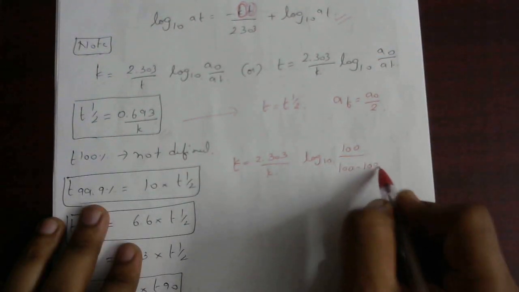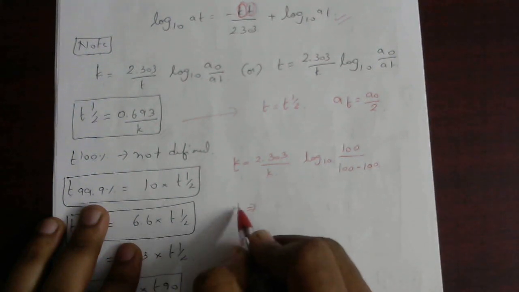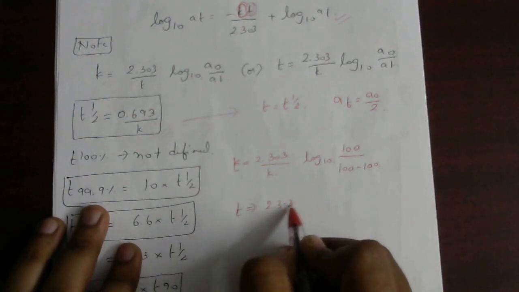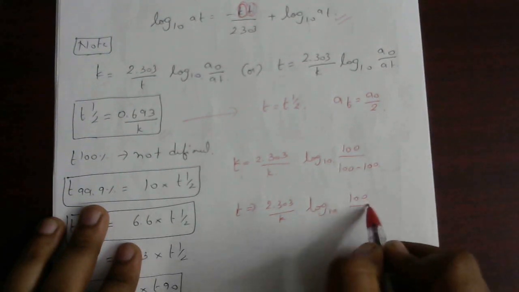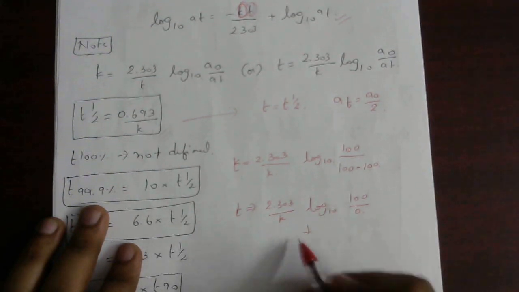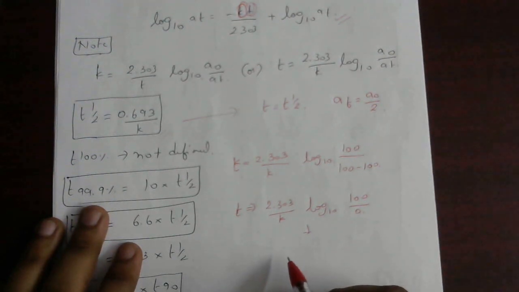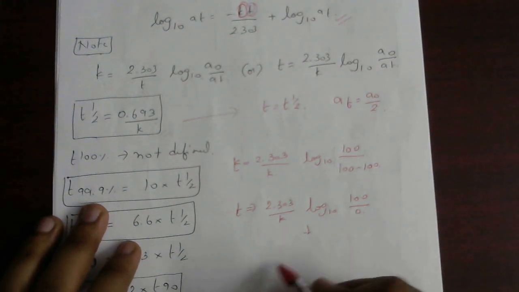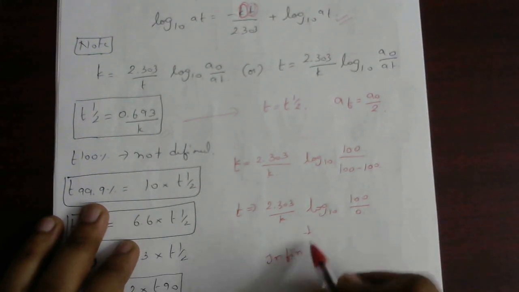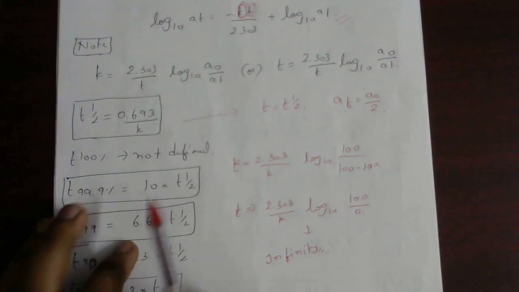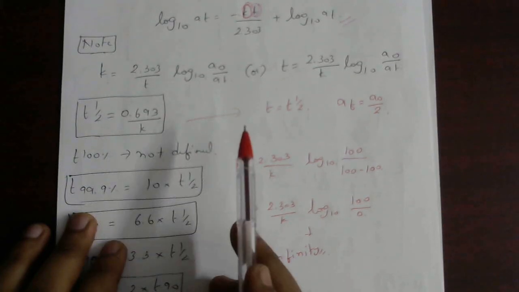So 100 minus 100, you will be getting 0. So 2.303 divided by t log to the base 10, 100 divided by 0. 100 divided by 0 is undefined, no? You will be getting infinity, which is undefined in short. It means t 100% is not defined for first order reaction.